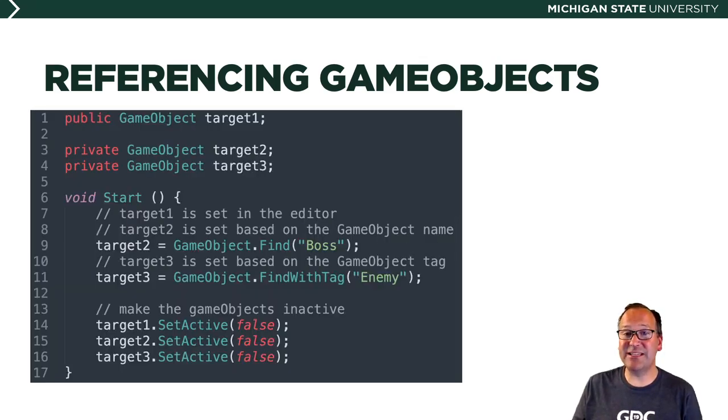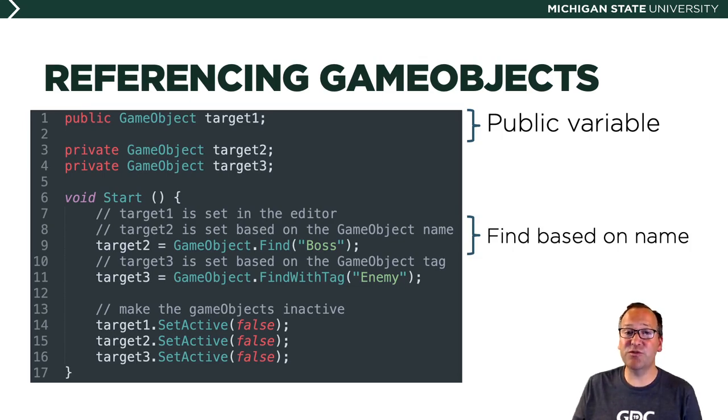If we want to reference a game object that the script is not attached to, we can do this in a number of ways. We can have a public variable of type gameObject that we attach to another game object or prefab in the Unity editor. Or we can search for the game object using GameObject.Find to search for a game object by name.